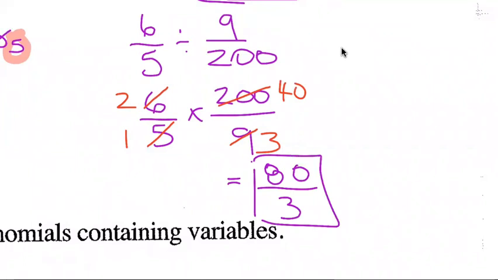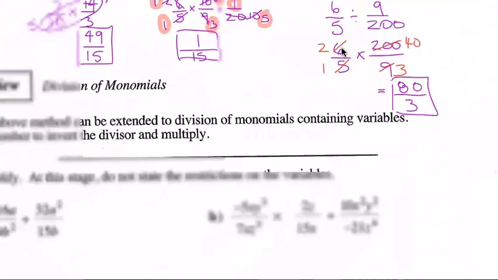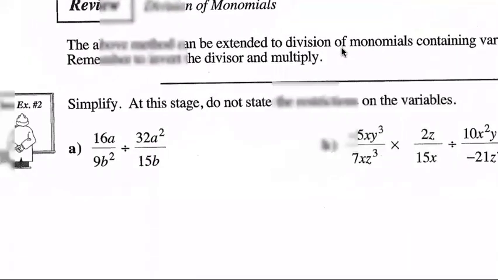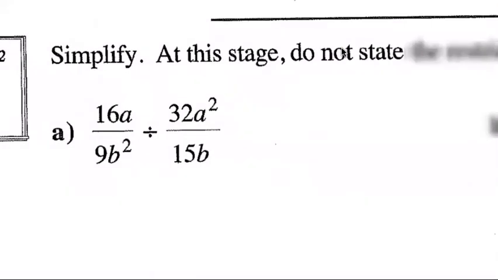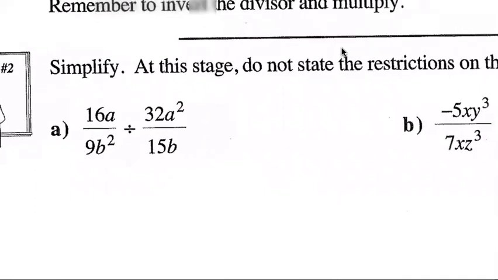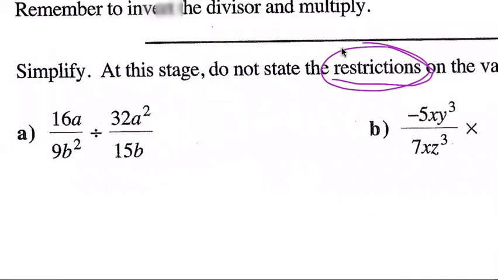Now the key with division of polynomials, or well, not polynomials, but division of rational expressions, is that we still have to do our non-permissible values. But as soon as we see a division, okay, we have to be careful of what we include for non-permissible values.